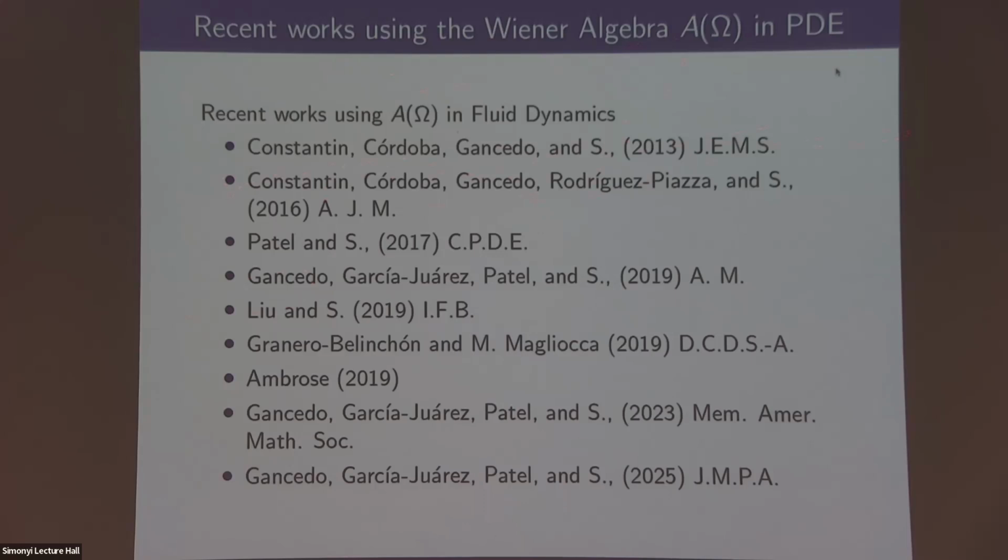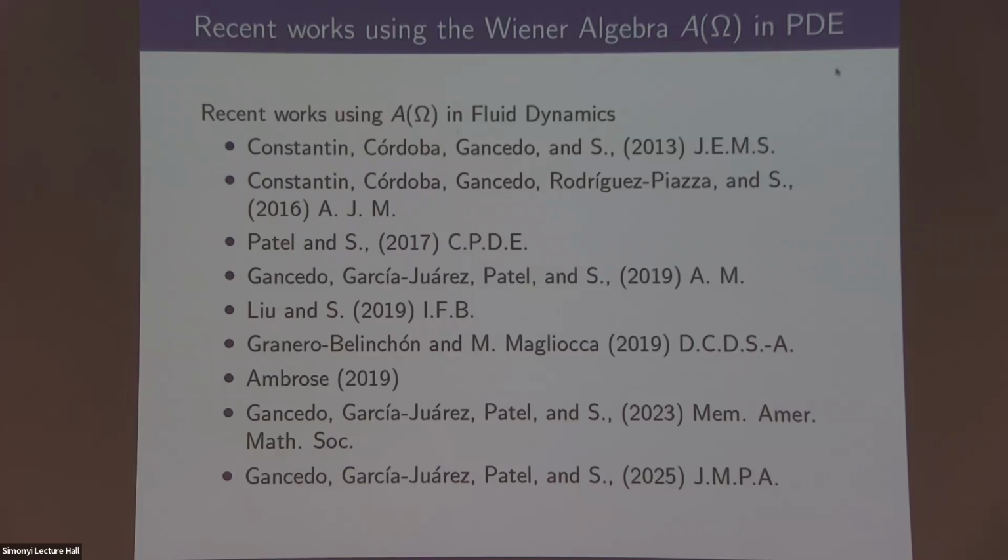Since then, I've done a lot of work using the space in partial differential equations, and it's been a very powerful method that I found for developing low regularity results.